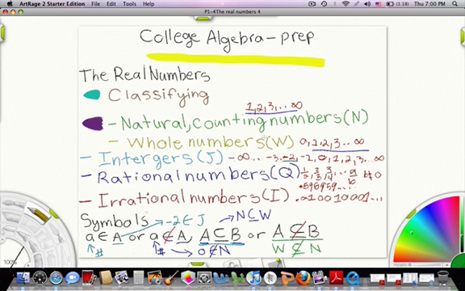We can check the validation on that by comparing them. If we look at the whole numbers, which is 0, 1, 2, 3, let's look at that right next to the natural numbers.